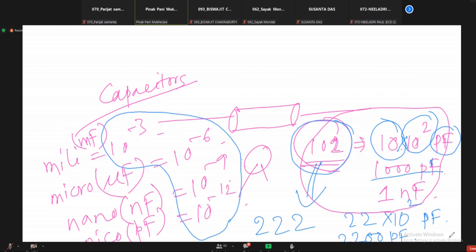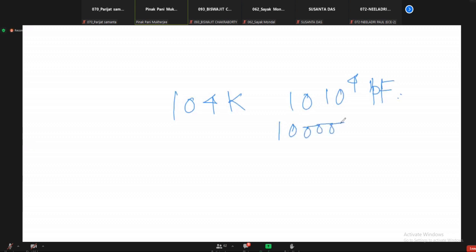Similarly, another example: suppose it is printed 104K. Now the decoding will be like this: 10 to the power 4 picofarad. Remember the unit is always picofarad. So 10 followed by 4 zeros, then picofarad. So this is actually 0.1 microfarad.